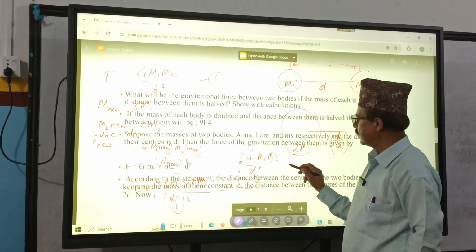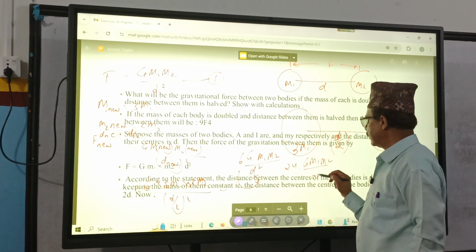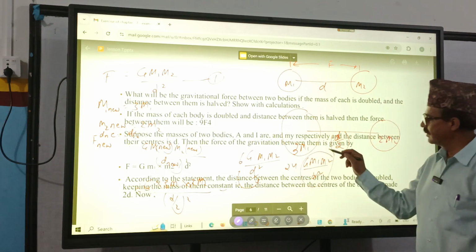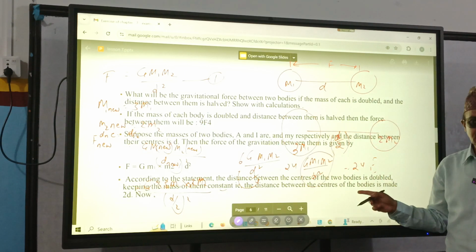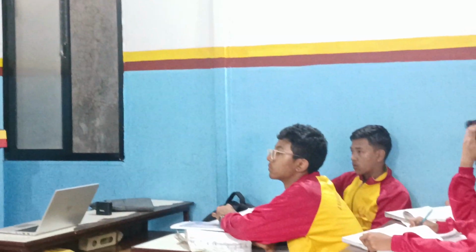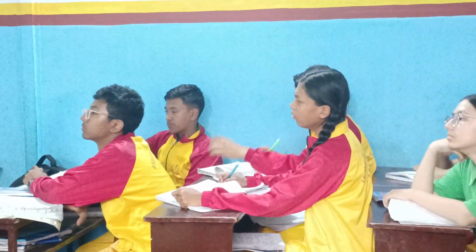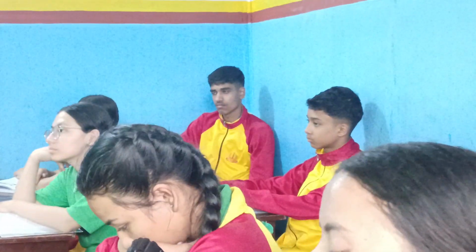The 4 goes up, giving 24G m1 m2 by d square. That is 24F. So the gravitational force increases 24 times, because the mass increases and the distance decreases. In that way, you have to do well.